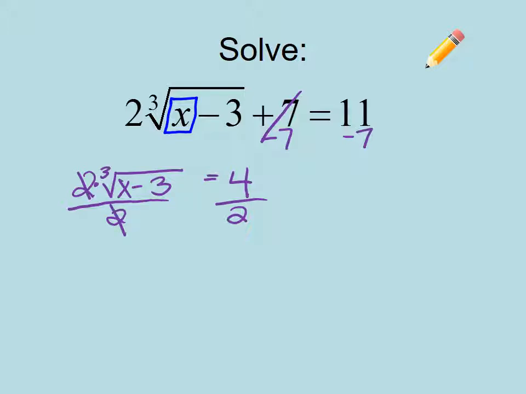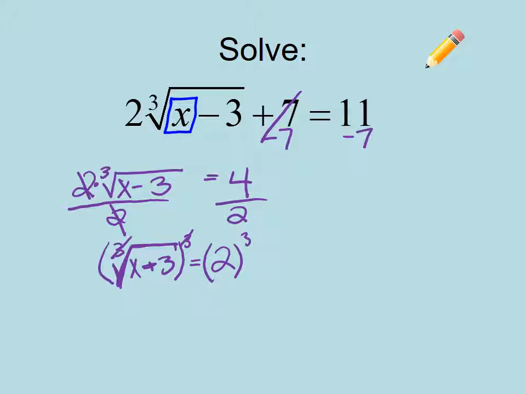What you do to one side, you do to the other. This leaves me with the cubed root of x minus 3, and I have 2 on the right side. Now everything is under this cubed root. The opposite of cubed root is cubing. What you do to one side, you do to the other.